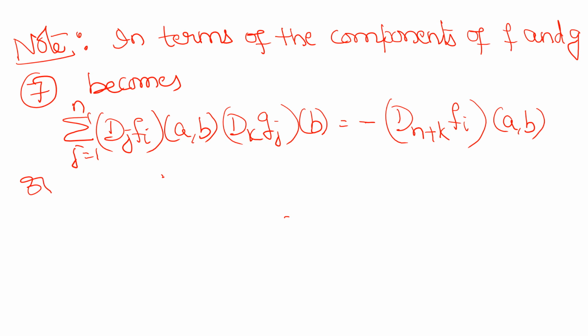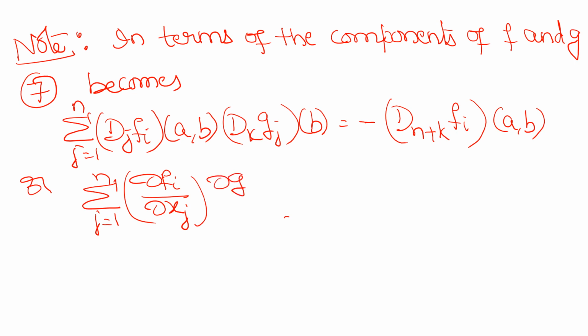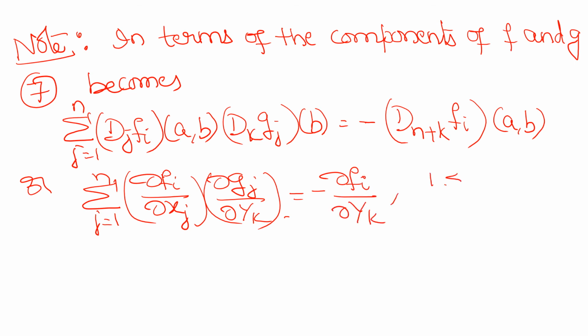Or you can also write this as summation j equal to 1 to n, dou f_i by dou x_j into dou g_j by dou y_k is equal to minus dou f_i by dou y_k, where 1 less than or equal to i less than or equal to n, and k lies between 1 and m.